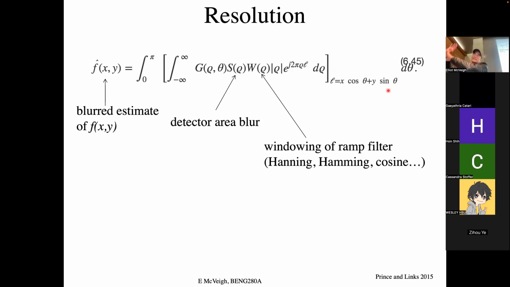We don't know what that is. We don't even know what the object is. All we know is the projections through that object give us this 1D function. I take the 1D Fourier transform, and now I know one line through the Fourier transform of my object.